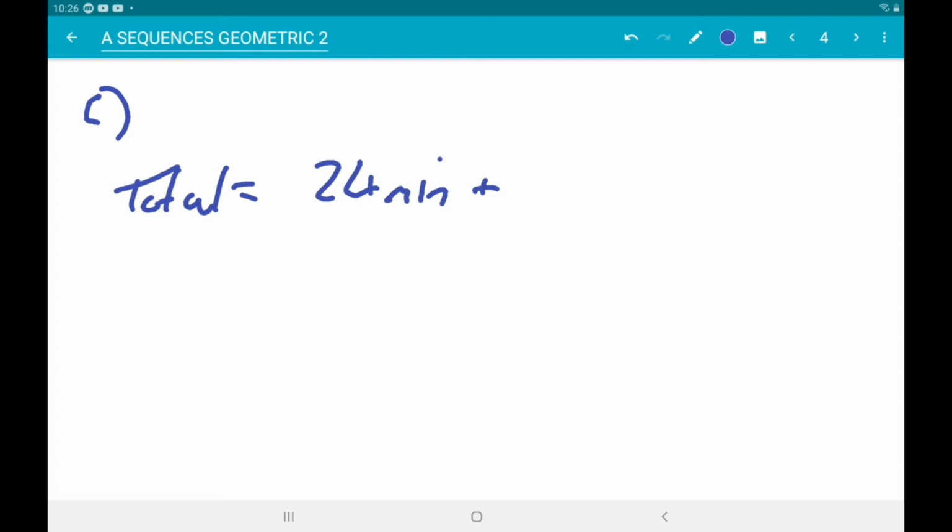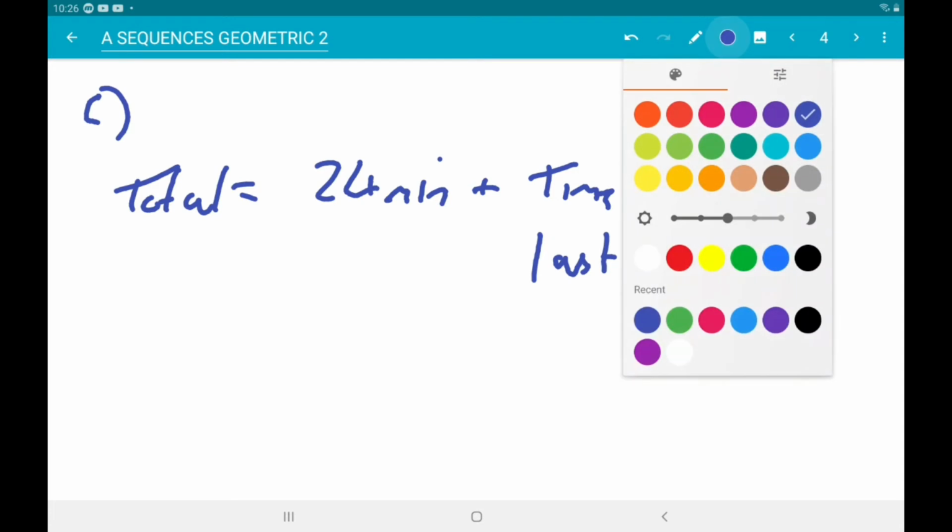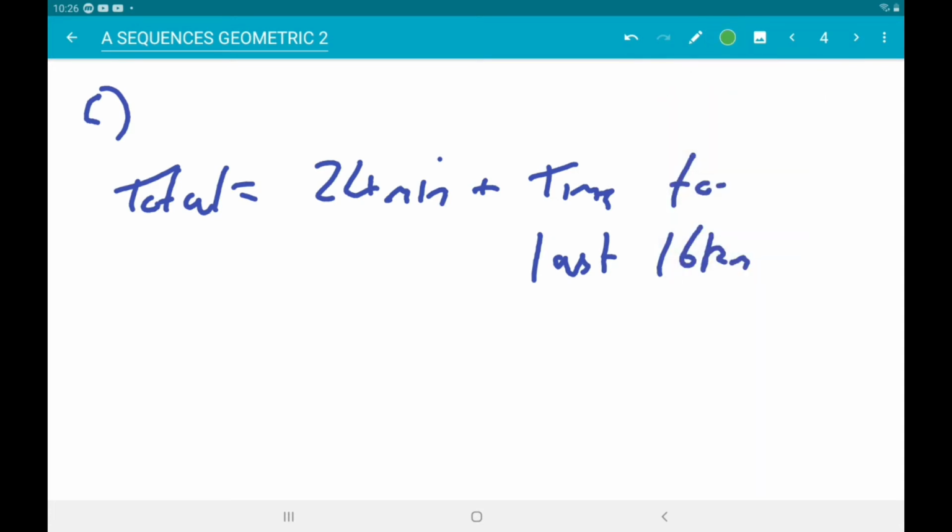So let's say add time for the last 16 kilometers. Alright, now let's think about those last 16 as a geometric sequence.